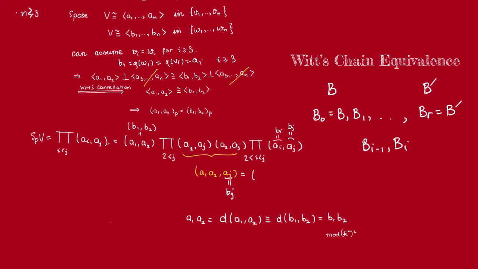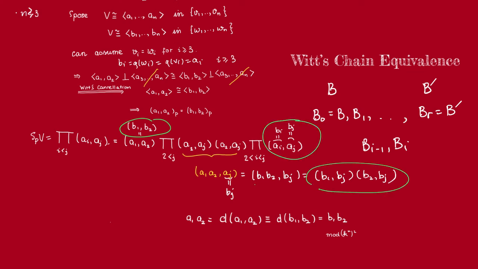So that means that this symbol is equal to (b_1 b_2, b_j), which is equal to (b_1, b_j) times (b_2, b_j). Now look, all of these are just factors of the Hasse symbol defined with respect to the b_i. So we have proven that the Hasse symbol is well defined, independent of the choice of the orthogonal basis of V.